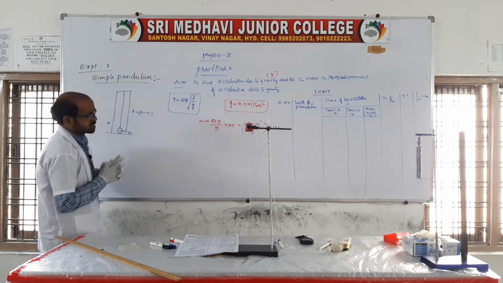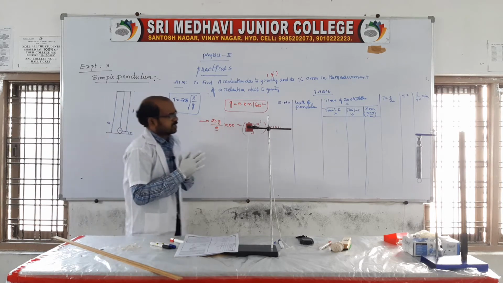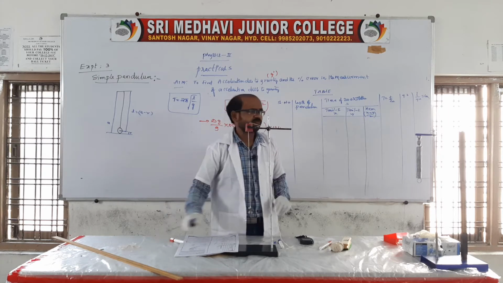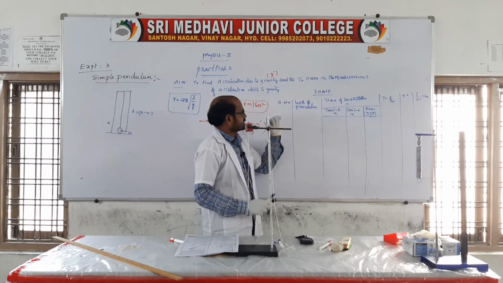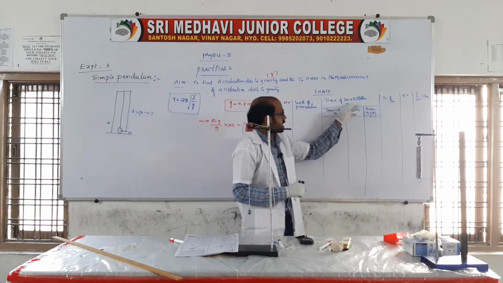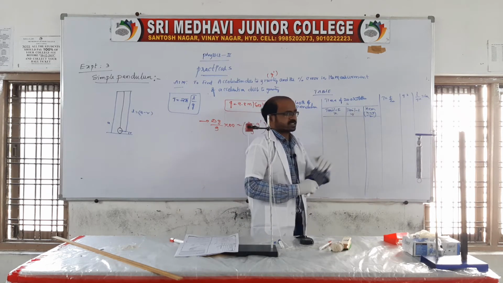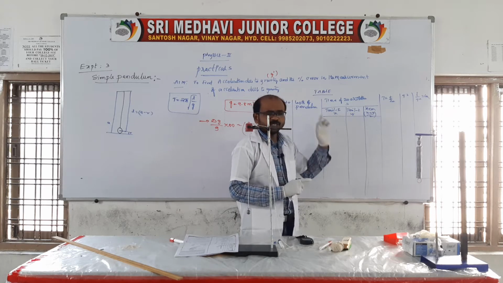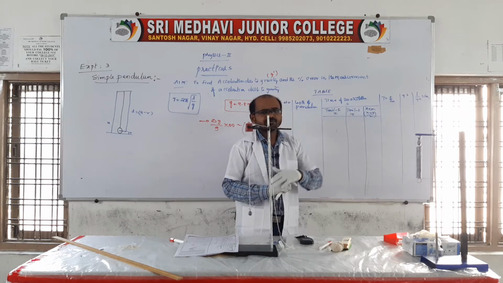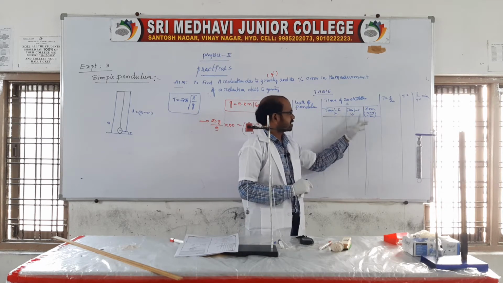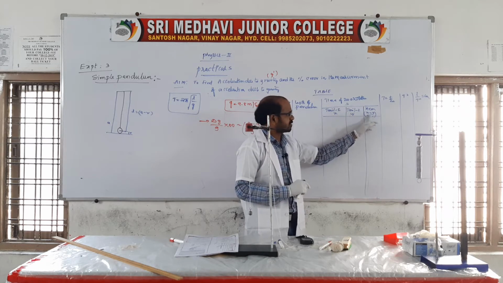First of all, I want to say about the tabular form. Here is the tabular form. We take serial number 1, length of the pendulum, and the time of 20 oscillations, trial 1. That means the first trial we have to take, then trial 2, then we take an average of trial 1 and trial 2 to get the mean value.